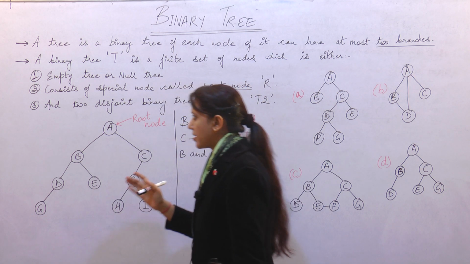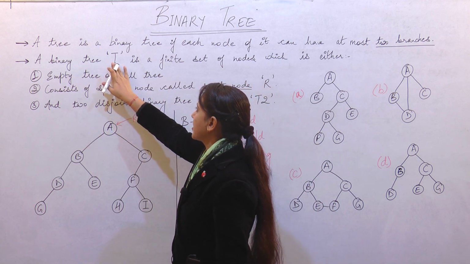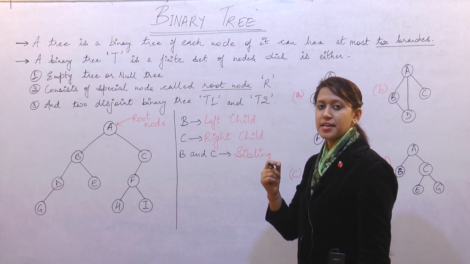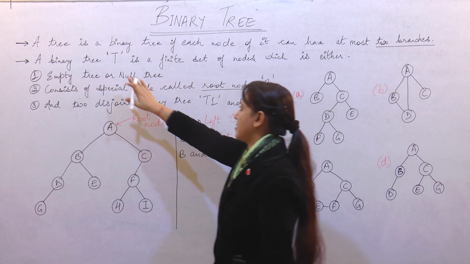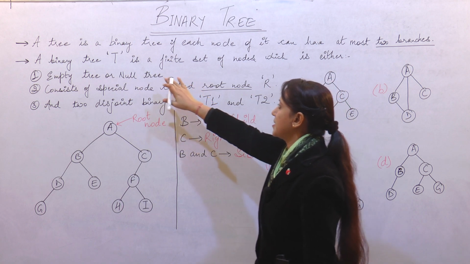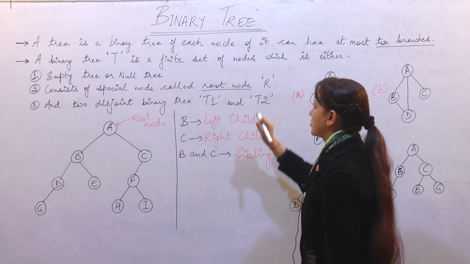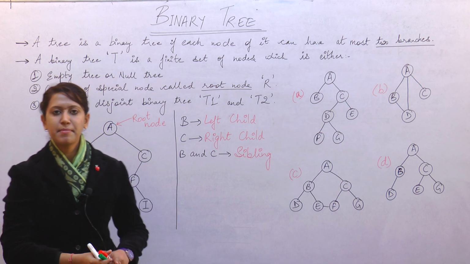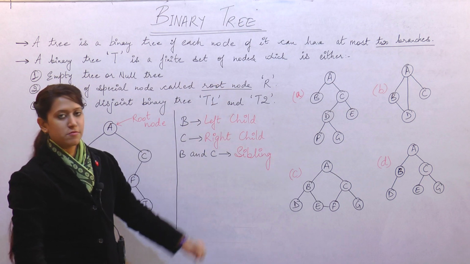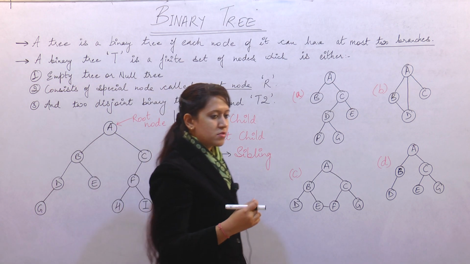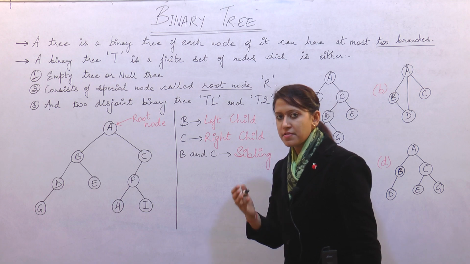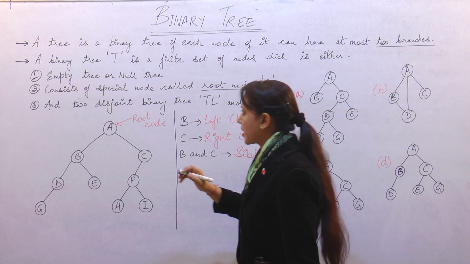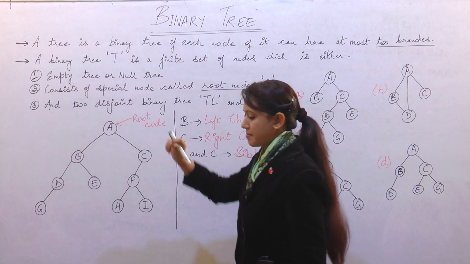Moving to our next point, a binary tree. We will always represent our binary tree with capital T. A binary tree T is a finite set of nodes. In that binary tree we have a finite set of nodes, and those nodes can be either an empty tree or a null tree.